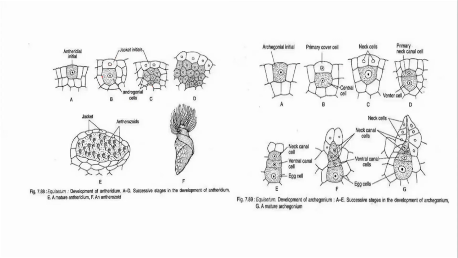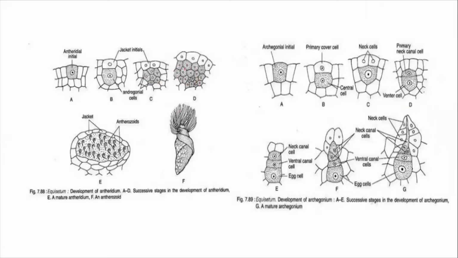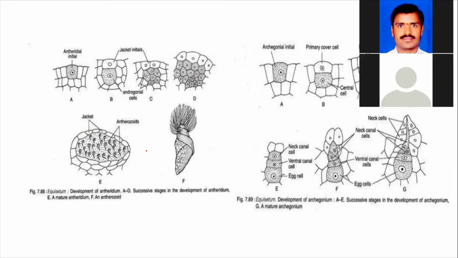In the next stage, the androgonial cells keep on dividing, producing a mass of androcyte mother cells, or rather the anthrozoid mother cells. The jacket initials form the jacket layer surrounding this central anthrozoid mother cell or sporogenous tissue.